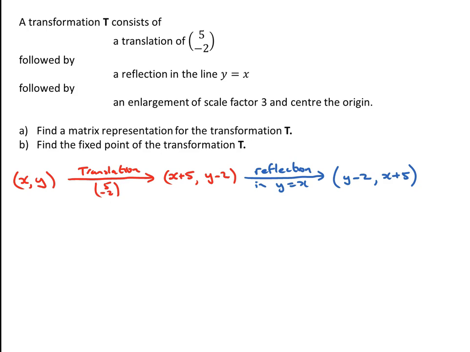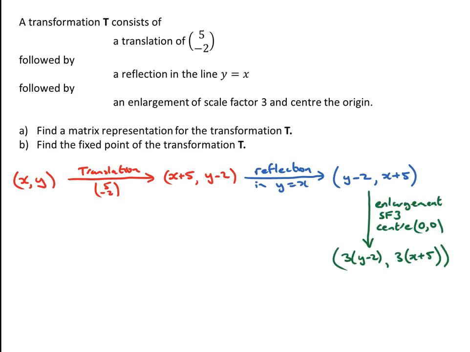Then we've got to do an enlargement of scale factor 3 and centre the origin. Now all an enlargement of scale factor 3 and centre the origin does is multiply the x coordinate by 3 and the y coordinate by 3. At the moment our x coordinate is y - 2, times it by 3, we get 3 lots of (y - 2), and at the moment our y coordinate of our point is x + 5, so when we do the enlargement that becomes 3 lots of (x + 5).